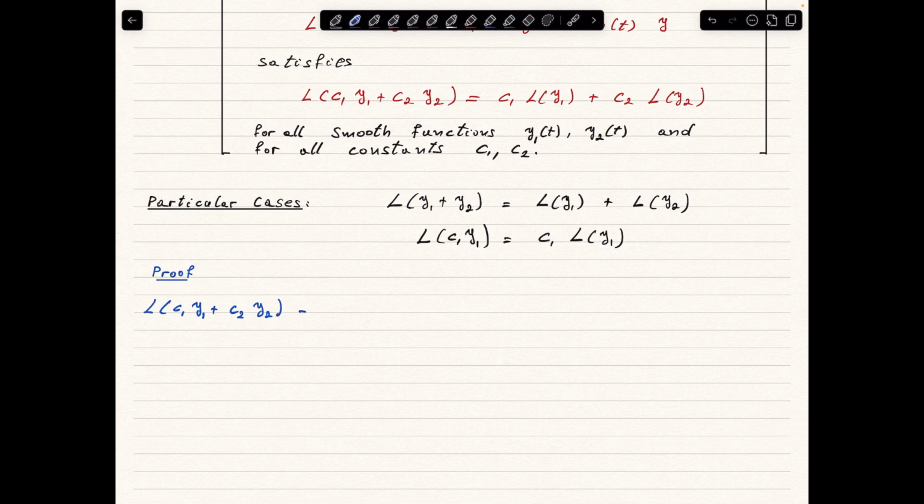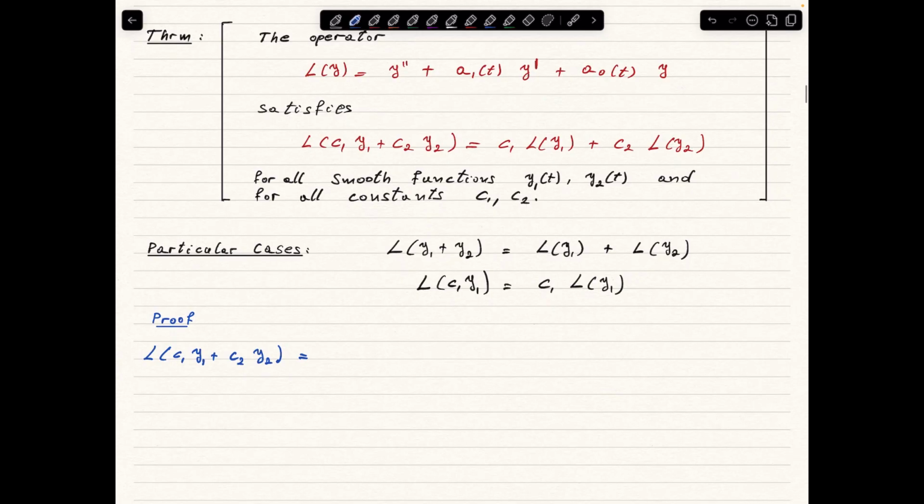And what is the calculation? Well, the operator we are working with is this operator up here, which says whatever you put in the argument, you need to compute two derivatives. So this is the argument, and we compute two derivatives of that: c1 y1, where y1 is a function of time and c1 is a constant, plus c2 y2, a function of time.